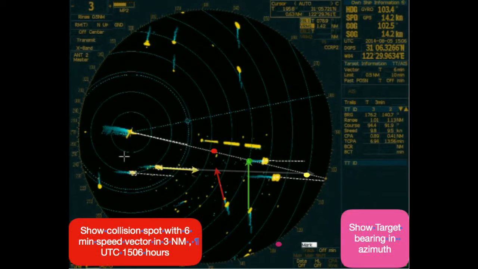So what we are saying is, based on this idea, we ask the manufacturer to provide the virtual speed vector.